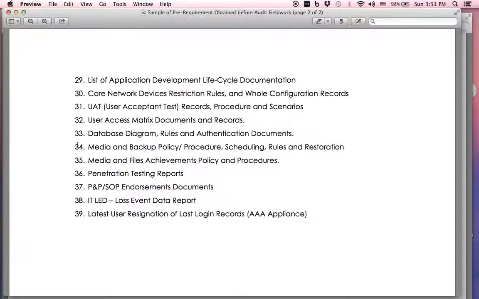And number 34, media and backup, policy and procedure, scheduling, rule and restoration. This one is related to data retention, backup and restoration. This is related to the file archiving policy and procedure, how to maintain the file.